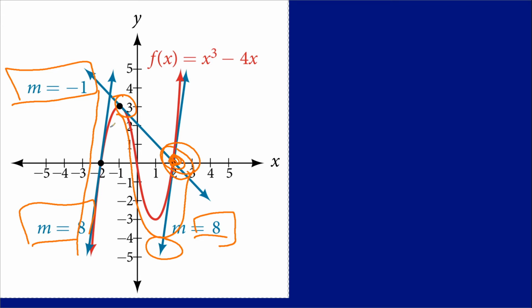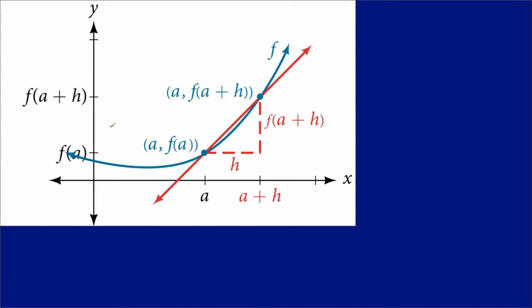Now, moving from there, there's something else we need to look at, and that is something called a secant. The difference this time is that our line is going through 2 points on the graph.